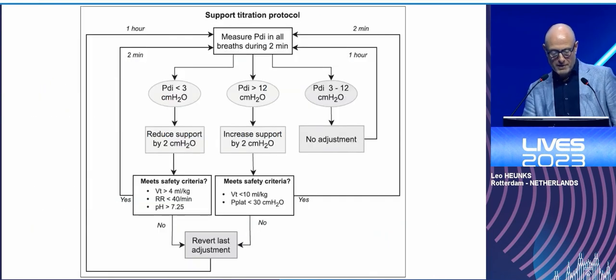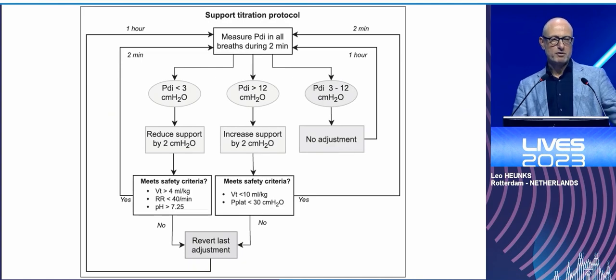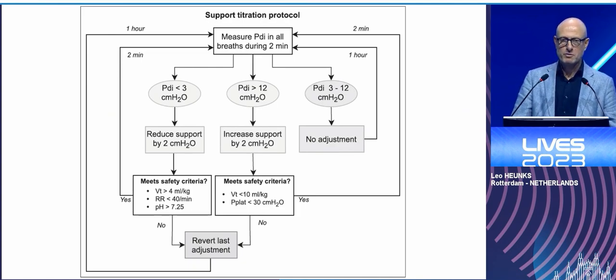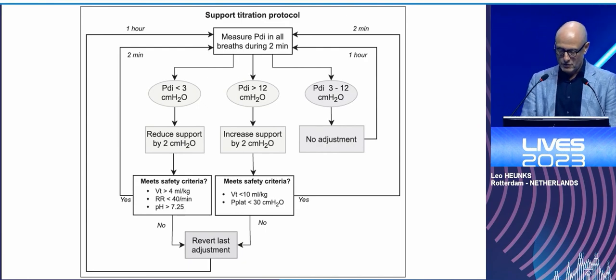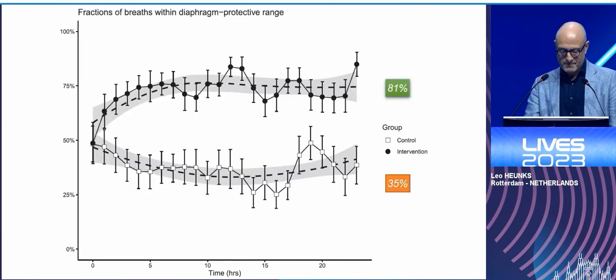This is quite complex. The fact is, if diaphragm effort was low, we reduced the level of inspiratory support. If diaphragm effort was high, we increased the level of inspiratory support.